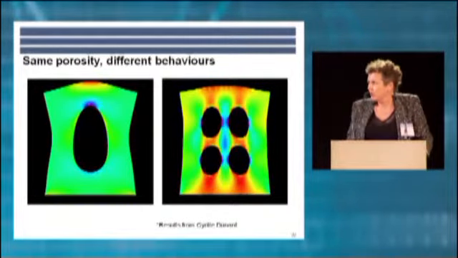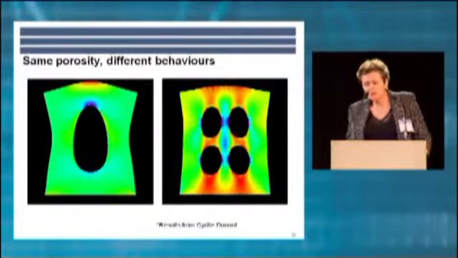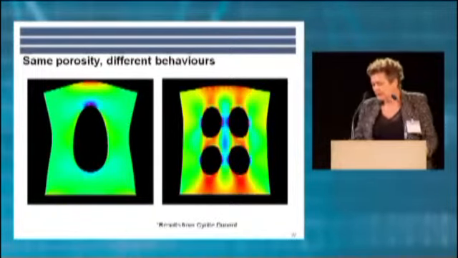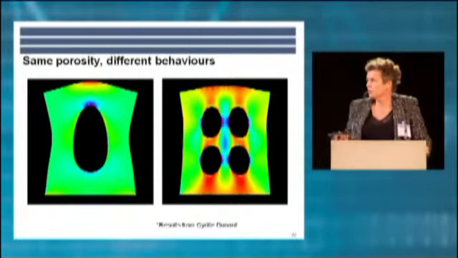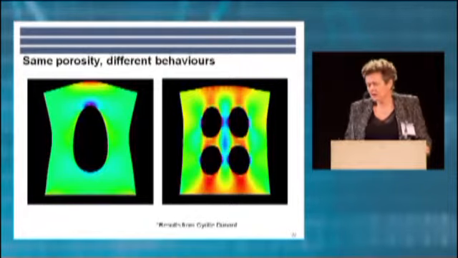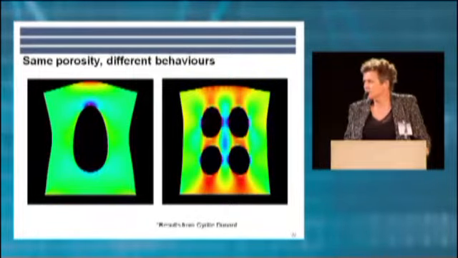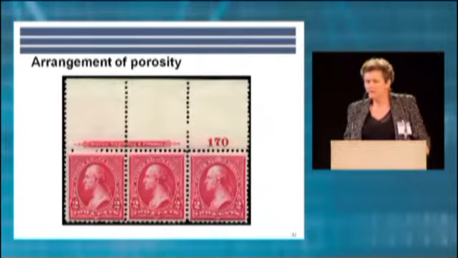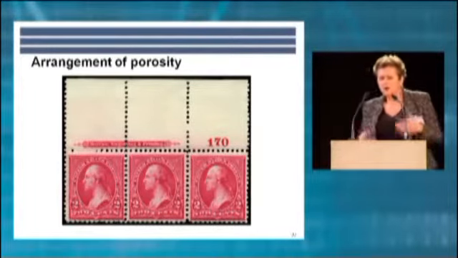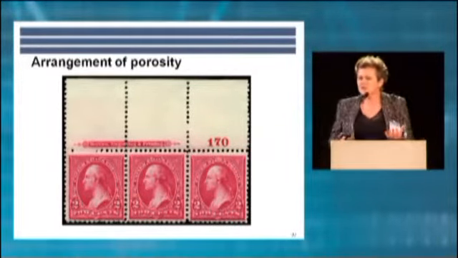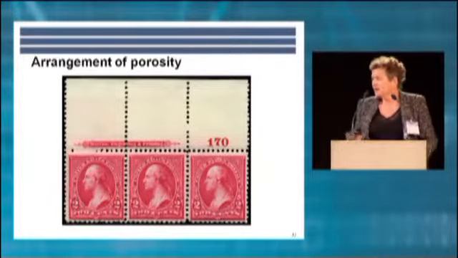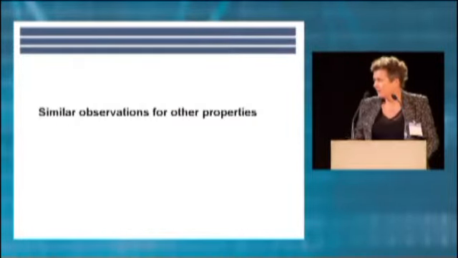Here are just some simple diagrams that show you why the arrangement of porosity is important. Here we have the same total porosity, but with different arrangement we get very different stress distributions. And here's a very extreme example of a material with a very low porosity, but very, very easy to break apart.